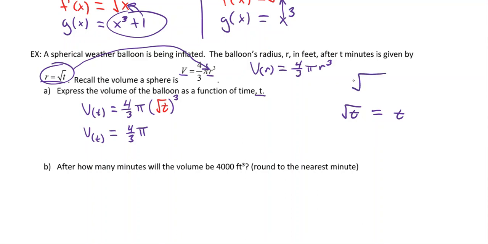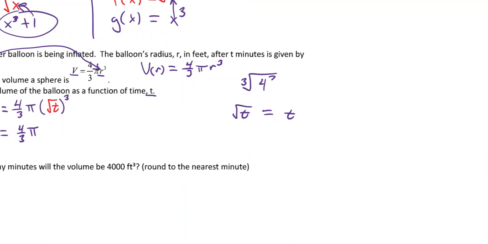Let's say we had the third root of 4 to the power of 7. As an exponent, that would be the same as saying 4, and then the exponent goes on the top part, and the index goes on the bottom for your roots. So that's how that works.